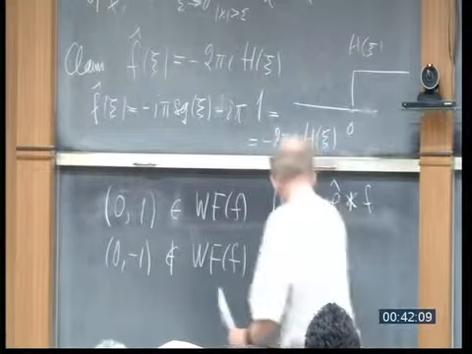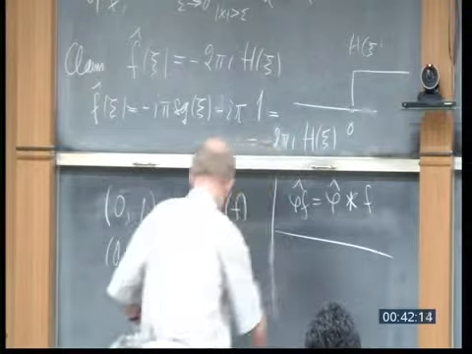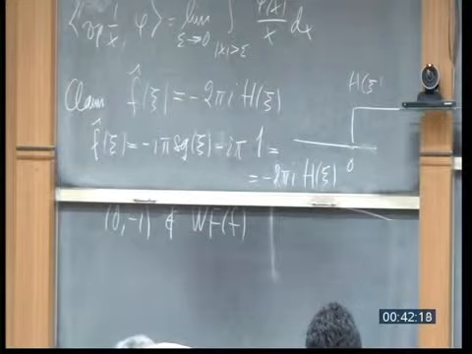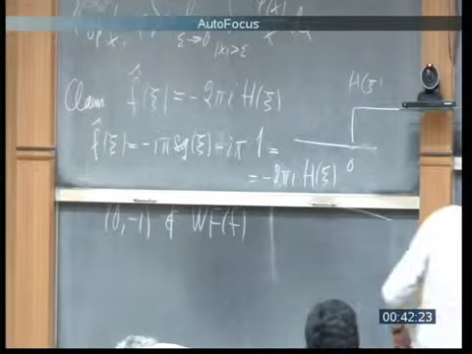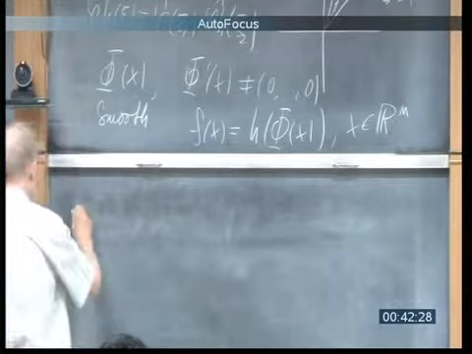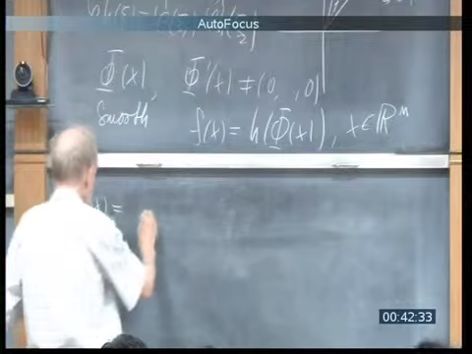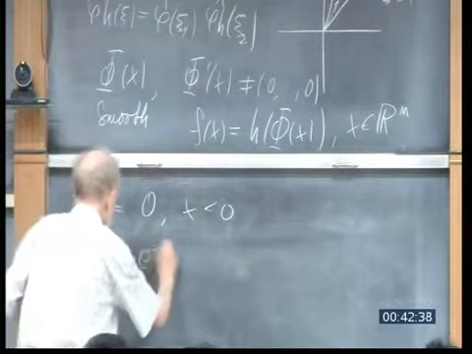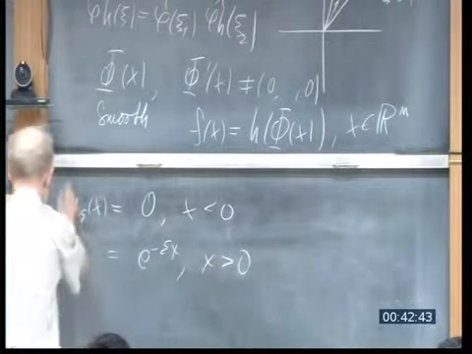Another way is to start from the function called u epsilon, x equal to 0 for negative x and e to the minus epsilon x for positive x.